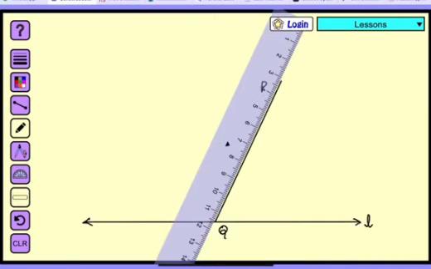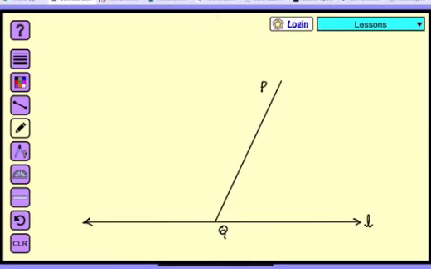Now we'll have to draw a line M parallel to this line L. So to draw a line parallel to the given line, through a point outside the line, we will follow the same procedure as we did earlier.